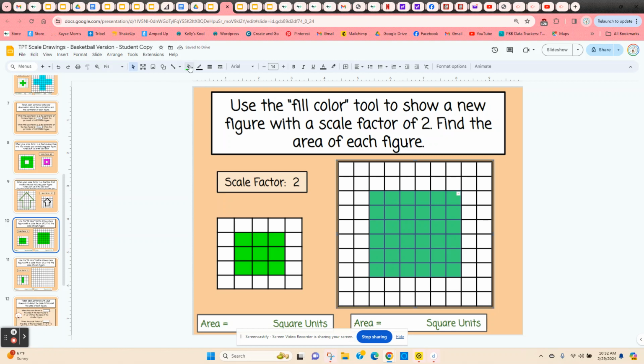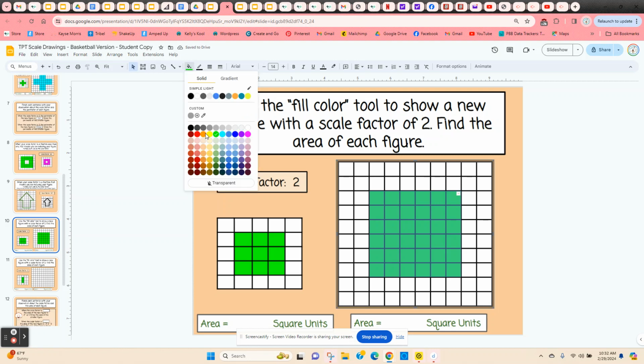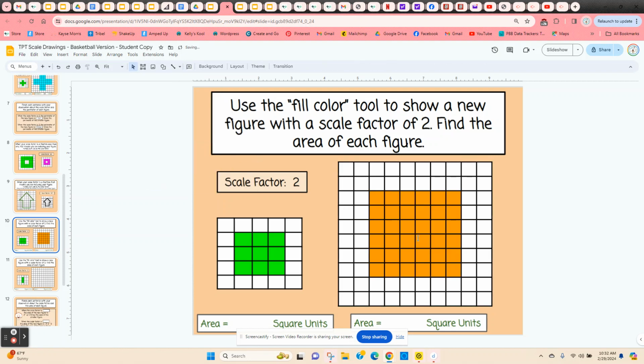And let's try a different color just for contrast. All right, so if we look at the area of the smaller figure, 3 by 3, length times width, is going to be 9 square units. And they type that in. The larger figure is now going to be 6 by 6, or 36 square units.